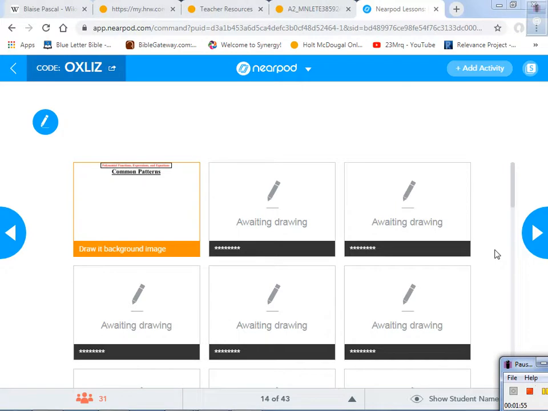So, lock your toolbar. Without looking at your notes, write in there one, two, or all three of the most common patterns. You've got 40 seconds. Ready? Go.